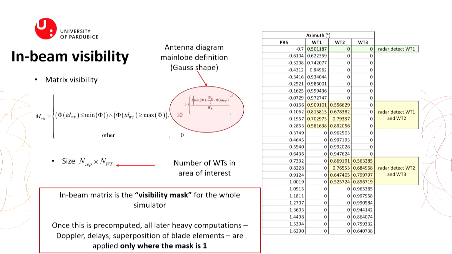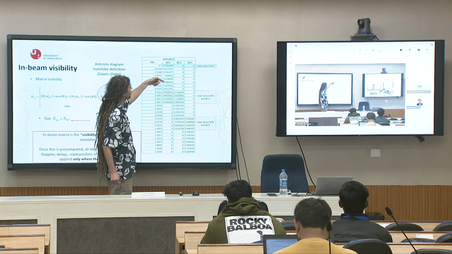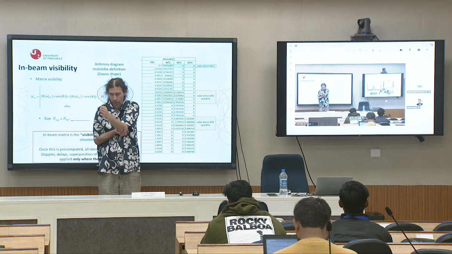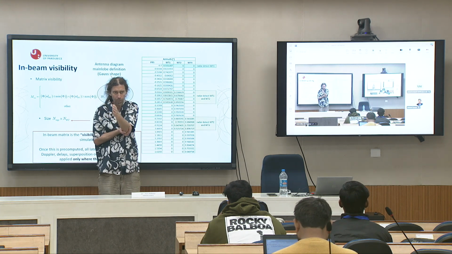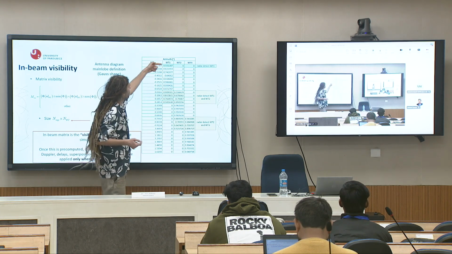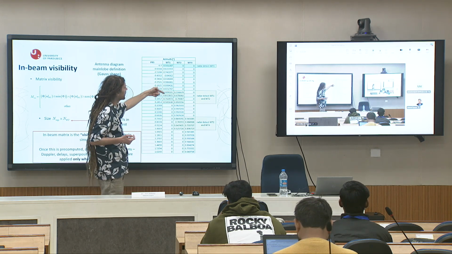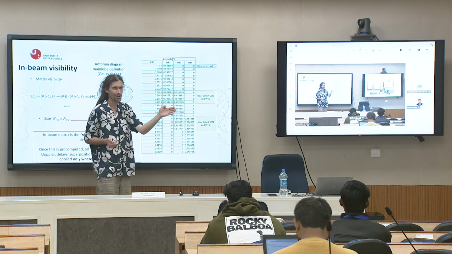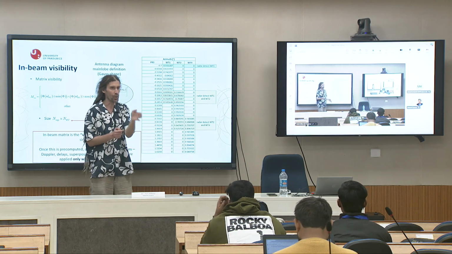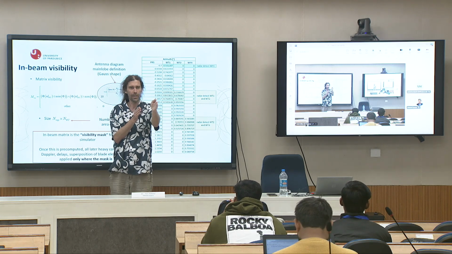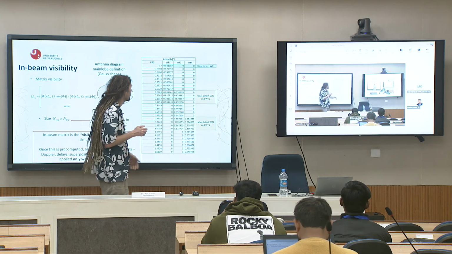I see one, and what this means is that if this number is higher and higher, I see only a small part of the wind turbine, then bigger, and then it goes down. Exactly. When you are exactly in the direction of the nacelle, you will see the maximum and then it goes out.